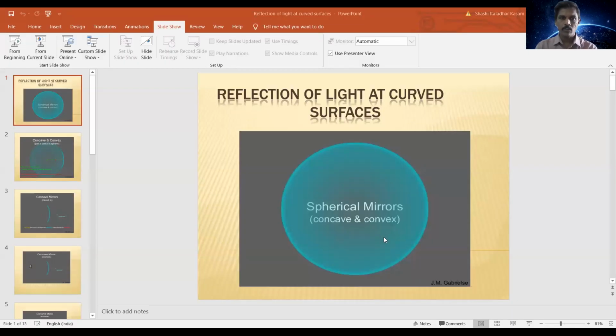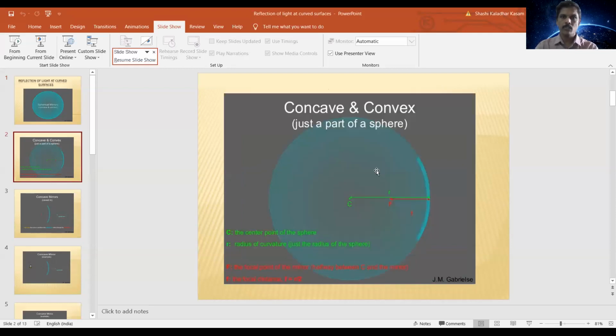Here we are going to learn a few key concepts or keywords related to these mirrors. This is a hollow sphere. C is called the center of the sphere. For curved mirrors, this C is called the center of curvature.